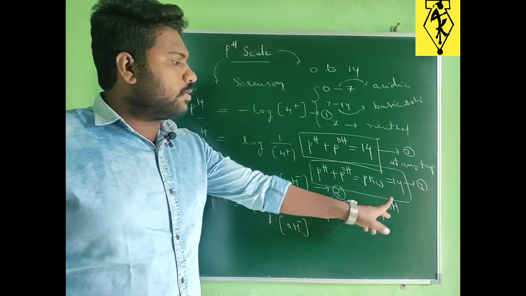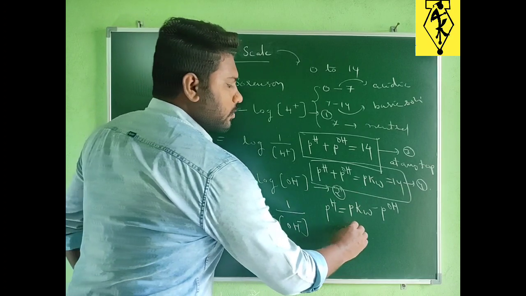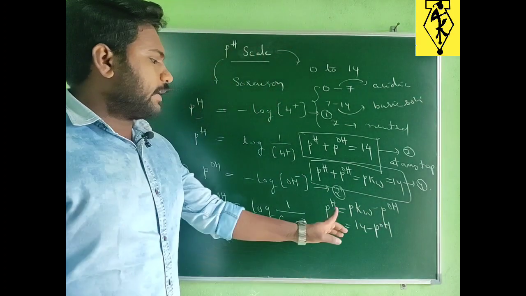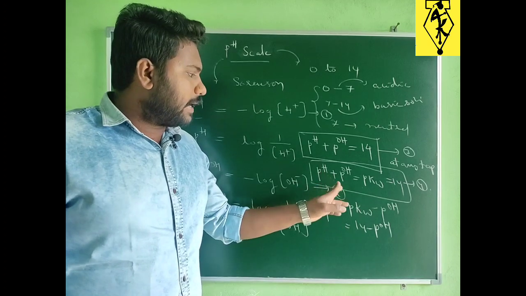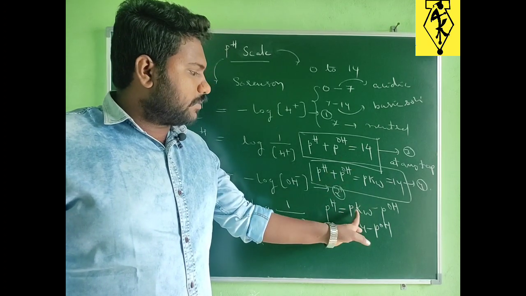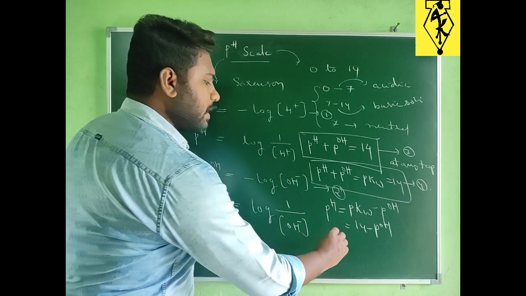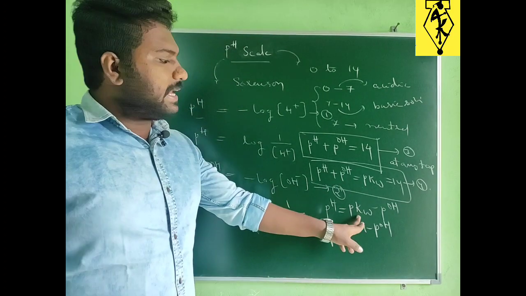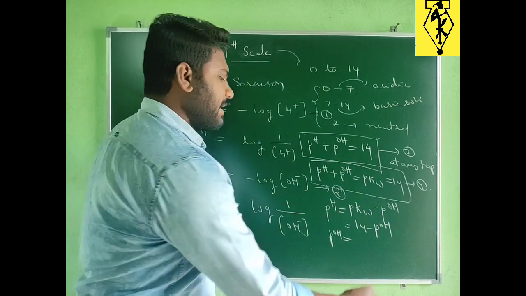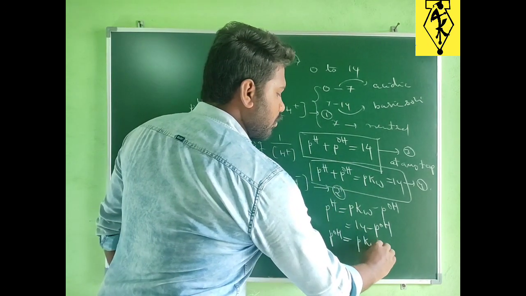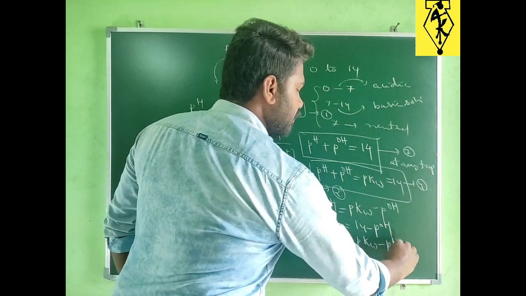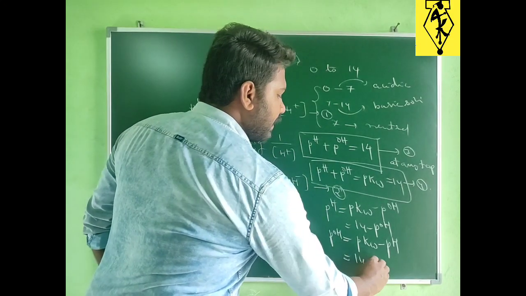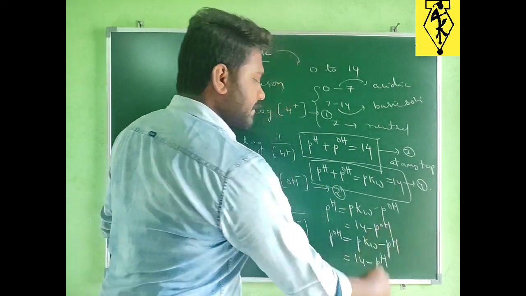Or instead of pKW, I can write 14 minus pOH. I can calculate pH by using this equation. Or else pOH is equal to pKW minus pH, or 14 minus pH.